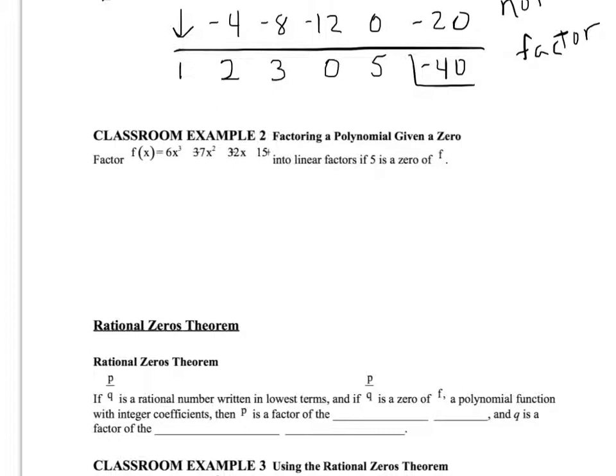So that means if you're going to do this, you would either have to have more than one zero given to you to work with a polynomial that's greater than a lead term of x to the third. Otherwise, I'm going to give you a function where the largest exponent is 3.